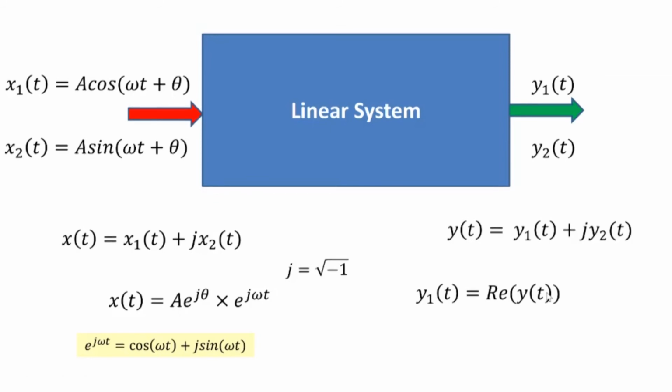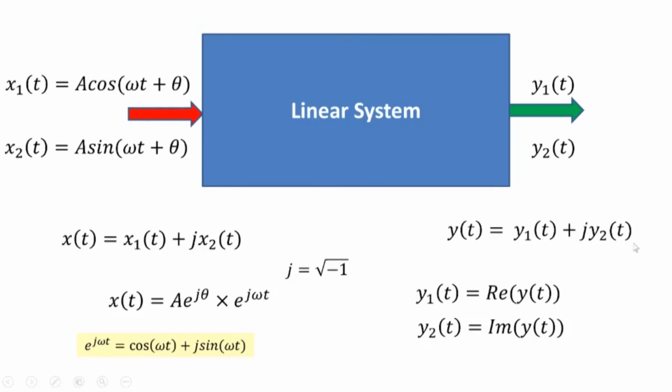Now, why are we doing this complicated thing? Why don't we just find the response to x1, A cos(omega t plus theta)? Because it's much easier to handle an exponential like this, A e to the power j theta into e to the power j omega t. So let's look into that.